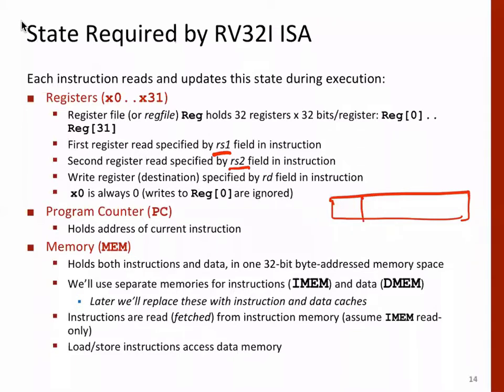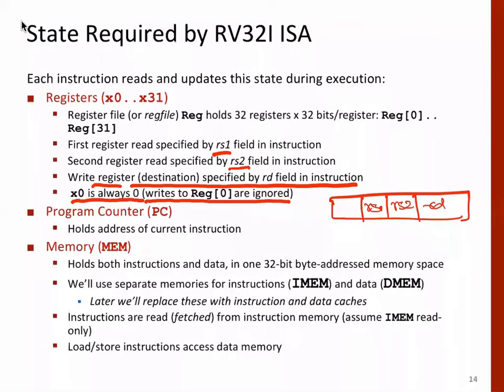RS1, RS2, and so on, and RD. And then the write register, or destination register, is specified by RD. All right. And X0 we normally don't use because it's always 0. I mean, for writing. Okay.